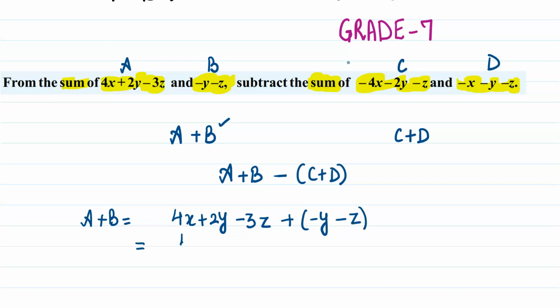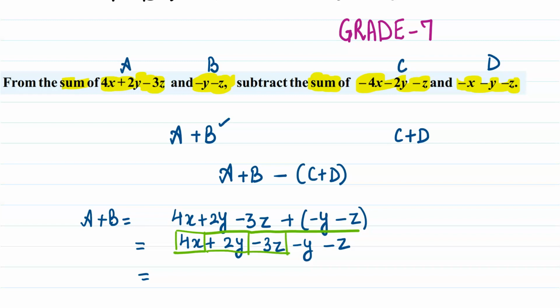So when we add these two, the moment we open the bracket, the signs will remain the same and we get minus y minus z. Now let's bring the like terms together and let's first see what are the terms of this expression. The terms are 4x plus 2y minus 3z minus y and minus z.